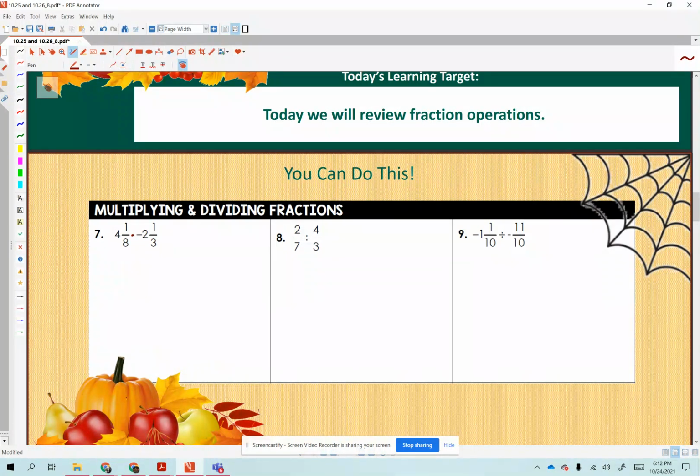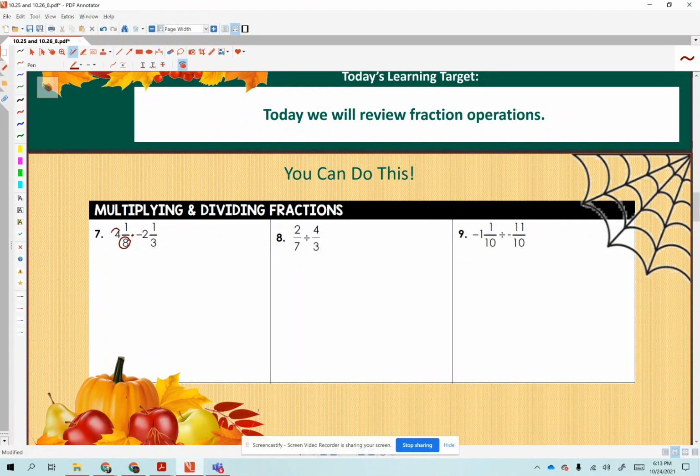When we multiply a positive by a positive or a negative by a negative, we will get a positive. And the same with division. If we divide a positive by a positive or a negative by a negative, we will get a positive. But when we have mixed signs, when we divide or multiply a positive and a negative, we will have a negative answer. So first we need to make improper fractions.